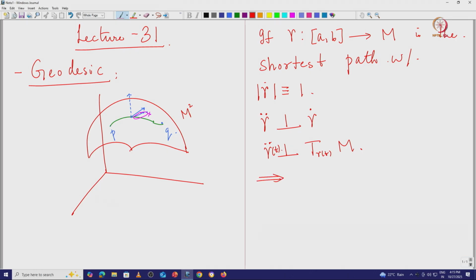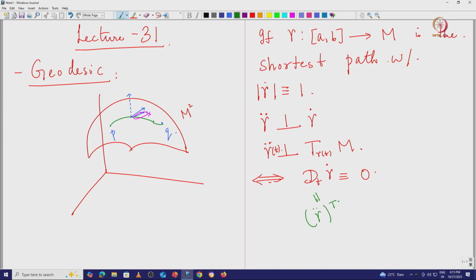So in a more intrinsic way, by the way the Levi-Civita connection is defined for embedded surfaces in R3, this is equivalent to the statement that the intrinsic acceleration, namely the covariant derivative of gamma dot along gamma, is identically 0, right, because recall that this covariant derivative is precisely the tangential projection of the acceleration vector.